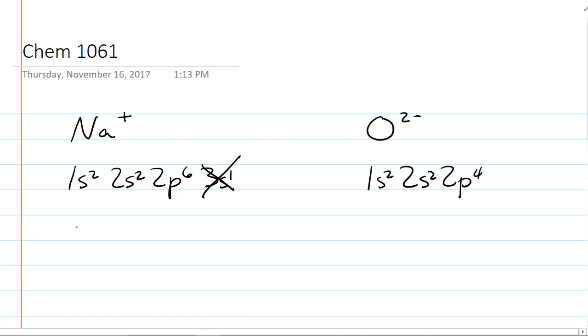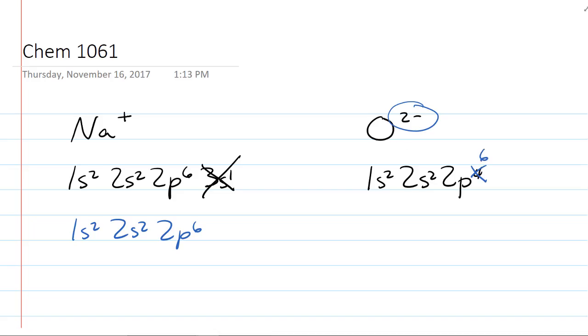So rewriting it, we'd have 1s2, 2s2, 2p6. And if we go to the oxide ion, a charge of 2 negative means what? It's gain 2. So we've gone from 2p4 to 2p6. So we write out that configuration as 1s2, 2s2, 2p6.